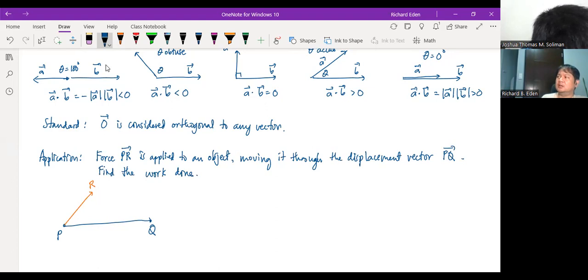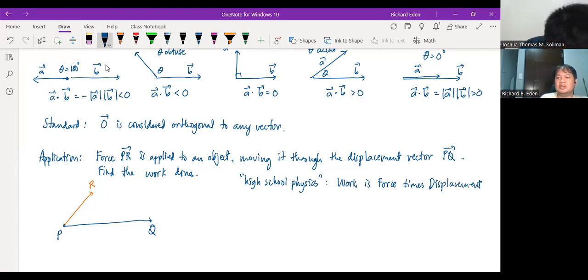Now, in typical high school physics, or at least from my experience from high school physics, work is equal to force times displacement.